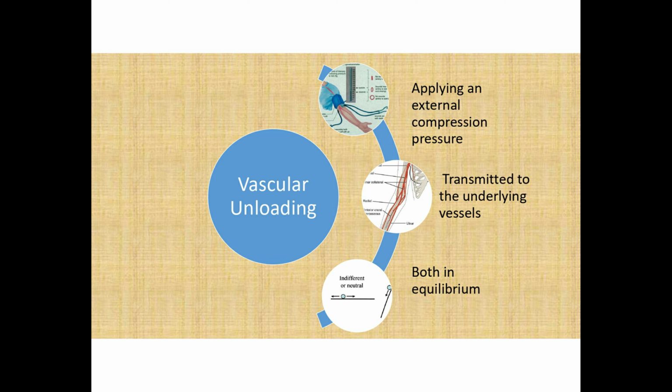Right, so what is this vascular unloading? When we apply an external compression pressure, what happens? That pressure is transmitted to the underlying vessels. Once an external pressure is applied, the vessel pressure and the external pressure come to equilibrium.